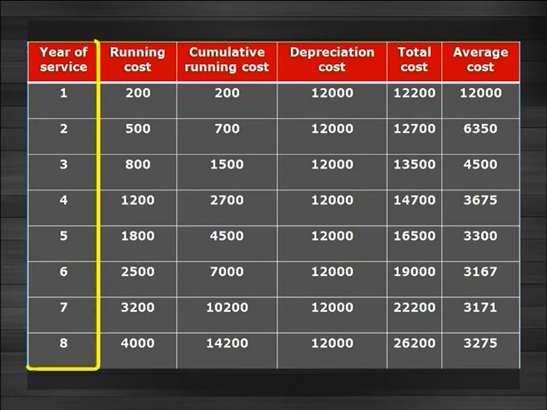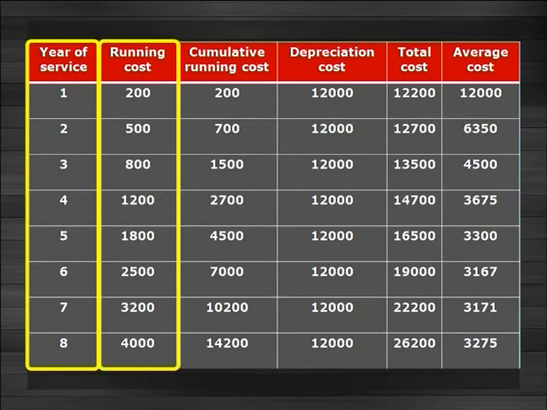The first column indicates the year of service of the machine from 1 to 8, and in the second column we have taken the values of the running cost. In column 3, we indicate the cumulative values of the running cost, that is, the running costs are added up sequentially.